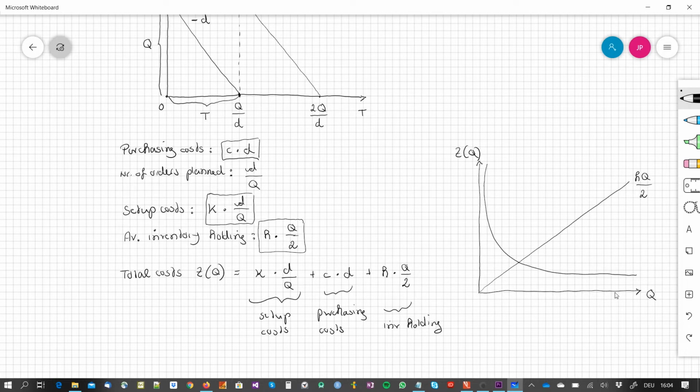So it looks like this. And now where these two functions meet or cross, we have the balance of these two cost factors, and that will be our optimal order quantity. The function of zeta is then the combination of them both. So this goes along like this.